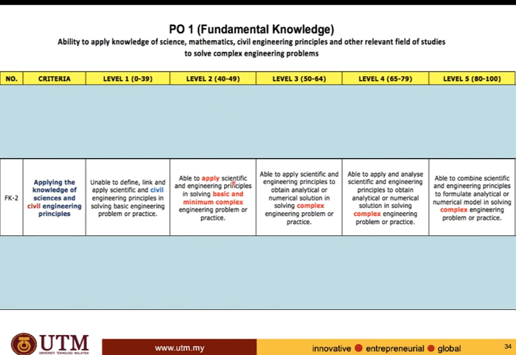This will be the level of students' achievement. If the students score more than 80%, which is level 5, this will be the expected performance indicator. This indicates that the students are able to combine scientific and engineering principles to formulate analytical or numerical solutions in solving complex problems. So this is an indicator if the student scores 80% and above.